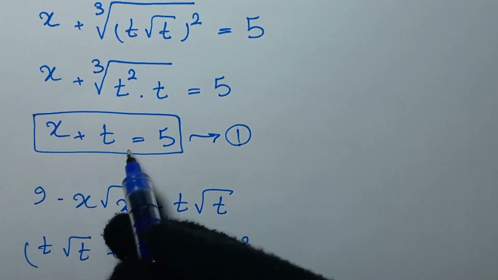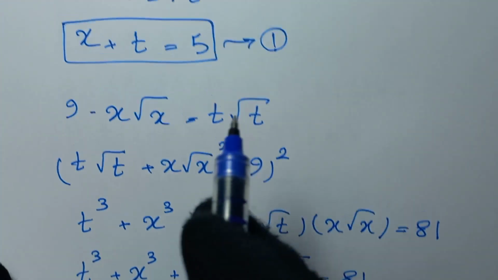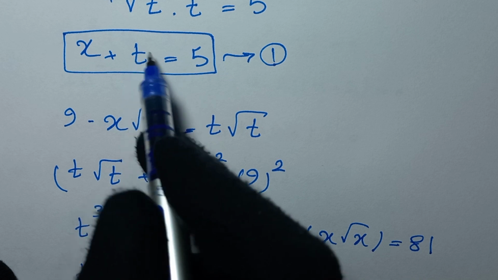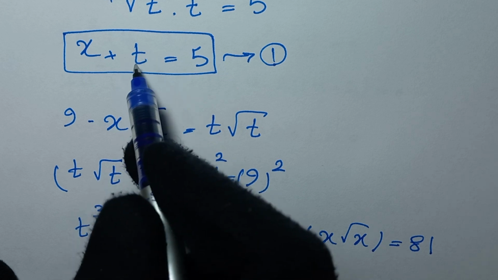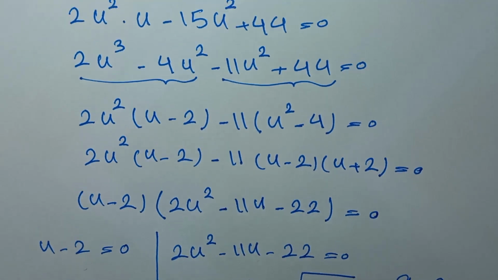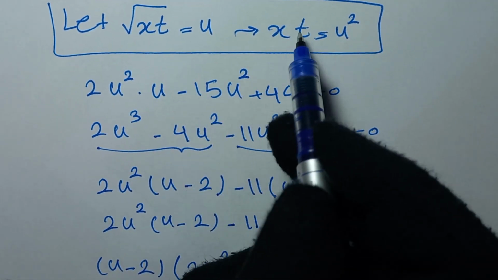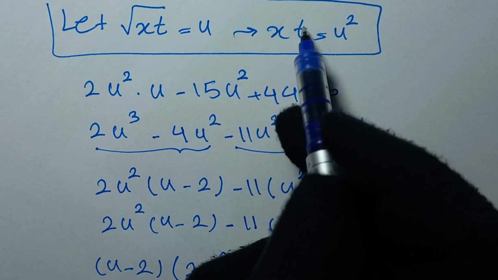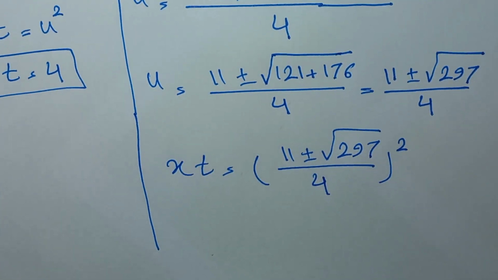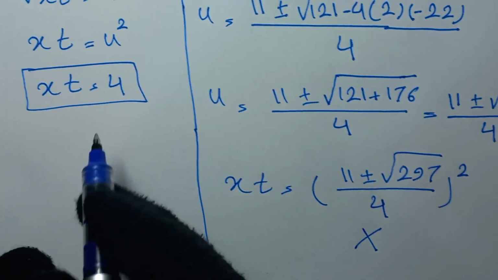And from here, x plus t is 5, and x is a natural number, and 5 is a natural number, so t cannot be an irrational number, right? So from here x and t are not irrational numbers, so x times t cannot be an irrational number, so in here we reject this answer for xt because this is an irrational number, and we continue by this.